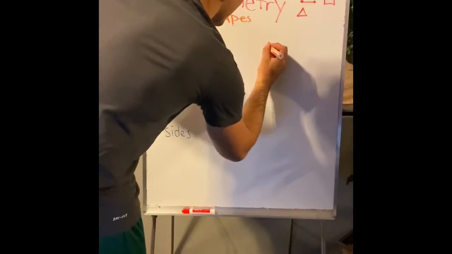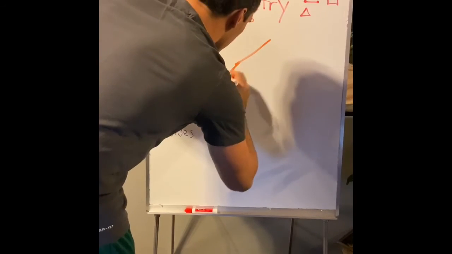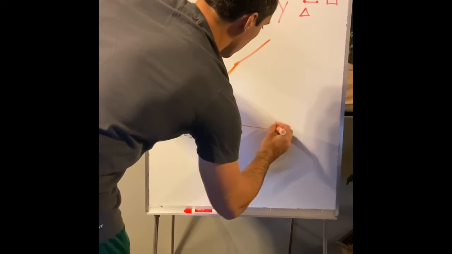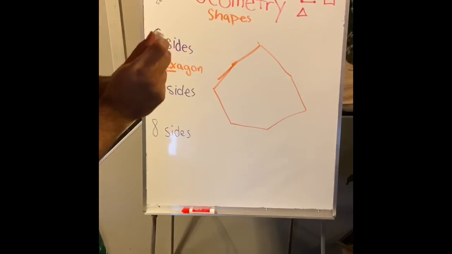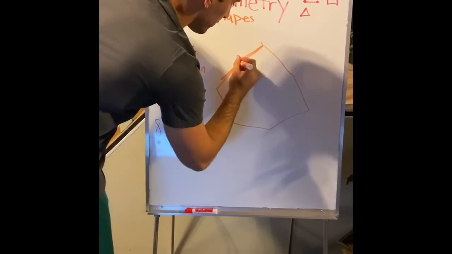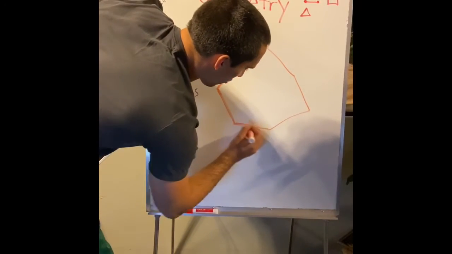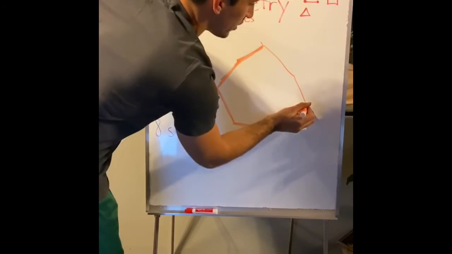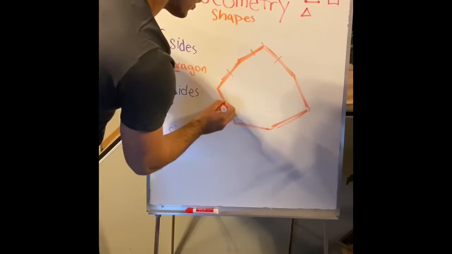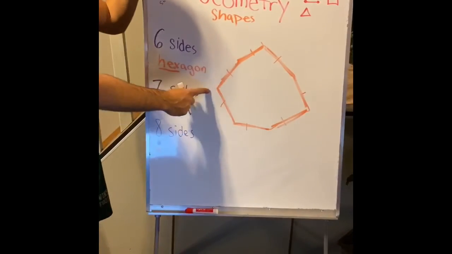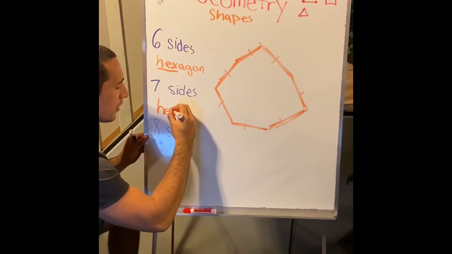All right, our next one is, so we have 1, 2, 3, 4, 5, 6, and 7. Seven sides. A seven-sided figure, this is new to some of you, will be called a heptagon.